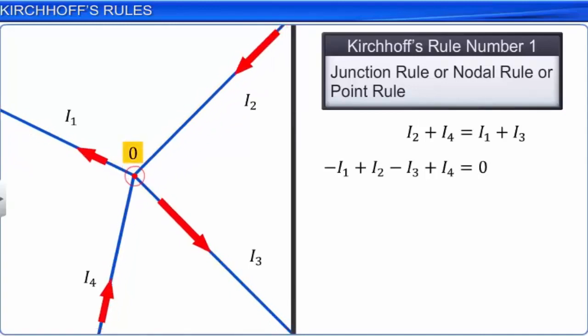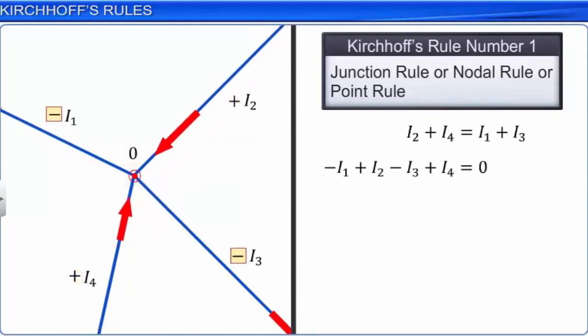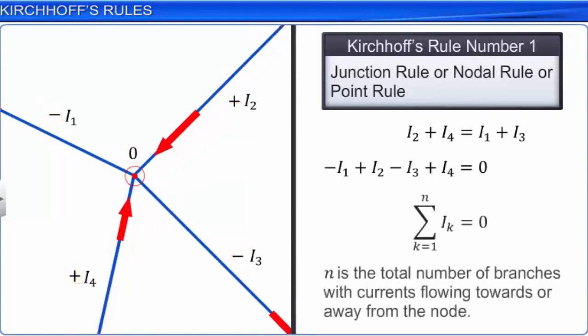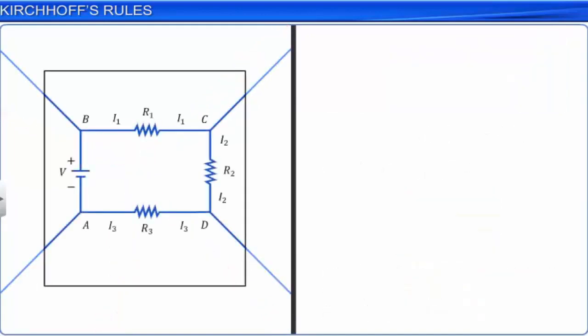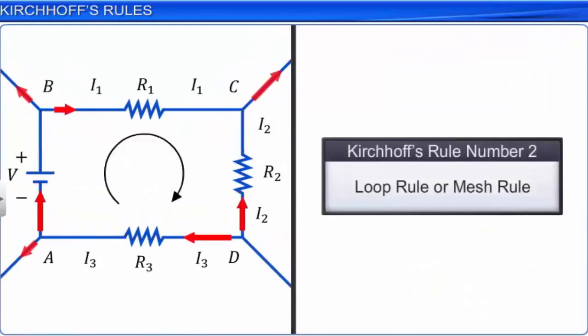The current entering the junction is taken as positive, and the current leaving the junction is taken as negative. This statement can be expressed mathematically as sigma Ik, k ranging from 1 to n, is equal to 0. Rule number 2. Kirchhoff's second rule is also known as Kirchhoff's loop or mesh rule.